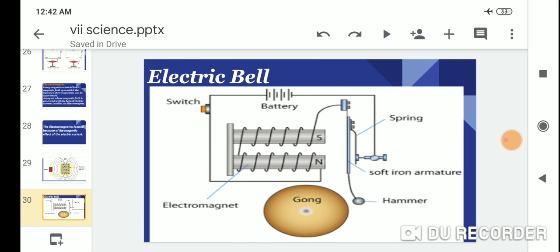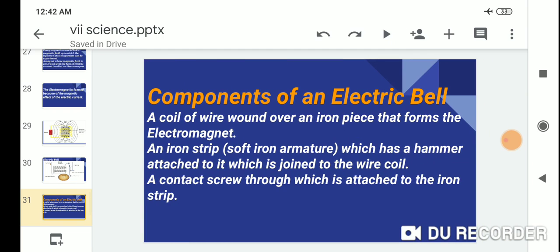Electric bell: electromagnet, hammer, soft iron armature, spring and gong, battery and switch. The components of an electric bell: a coil of wire wound over iron pieces that form the electromagnet, and an iron strip, a soft iron armature which has a hammer attached to it, which is joined to the wire coil.